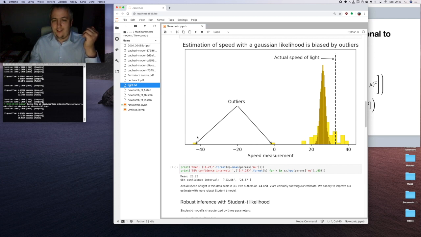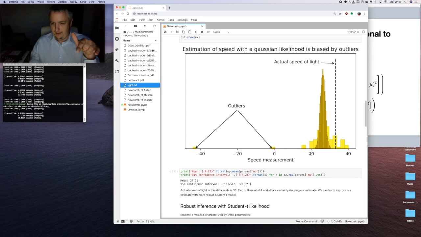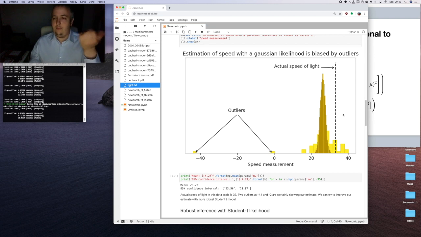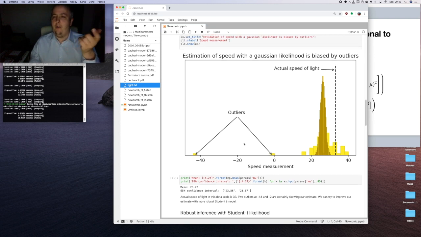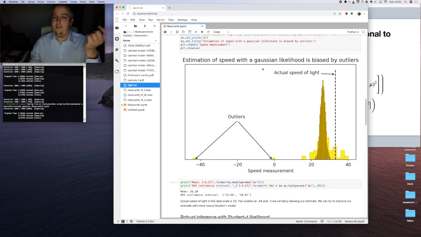So when data happens far away from the mean, it suggests to our model that something is wrong, that the mean is somewhere else. So there's a very large sensitivity for that. And that, of course, has drawn us away from the actual speed of light. So our Gaussian model is biased by our outliers.